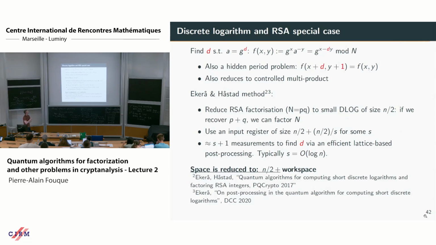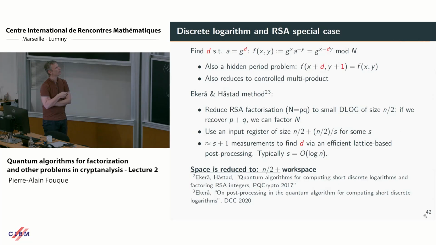But more importantly, they show that if d is small, so if the discrete log is small, the period is also very small. The number of registers can be as low as this value. You need n over 2 here because this is the size of the discrete log you are looking for, but the second value can be very small because it corresponds to the 1 here.